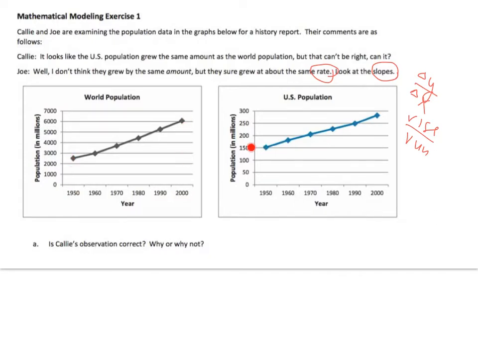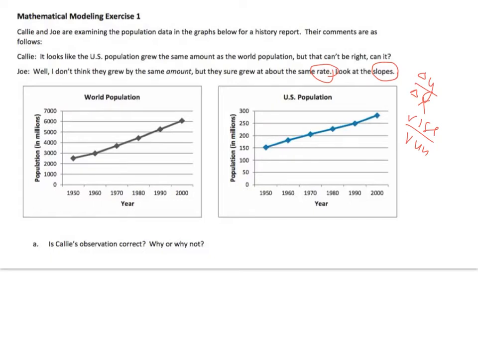Here it's not the same amount, because we're at 150 in millions all the way up to about 275 in millions between 1950 and 2000. So, no, Callie is not correct because it wasn't the same amount. When you look at a graph, you actually have to look at the x and y axes and the units, everything.